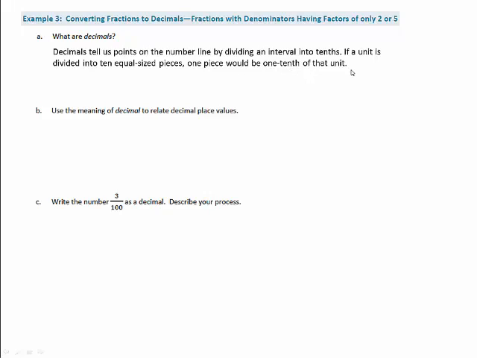Now, my unit could be one whole, it could be 1/10. So 1/10 of 1/10 would be 1/100th. If I look at this on a number line, here's one whole from 0 to 1, and I break it into 10 pieces. One of those pieces is 1/10, or written as a decimal, 0.1. And it works the same going in the negative direction, or if I go greater than 1. This is 1 and 1/10 here.